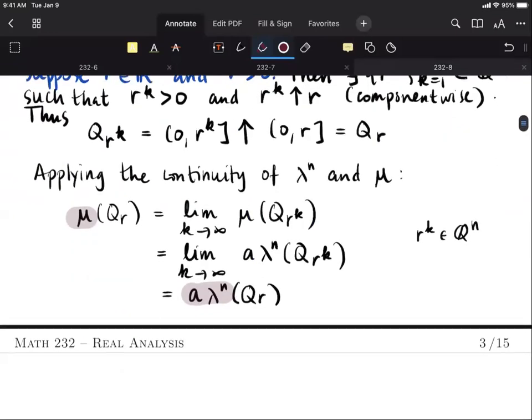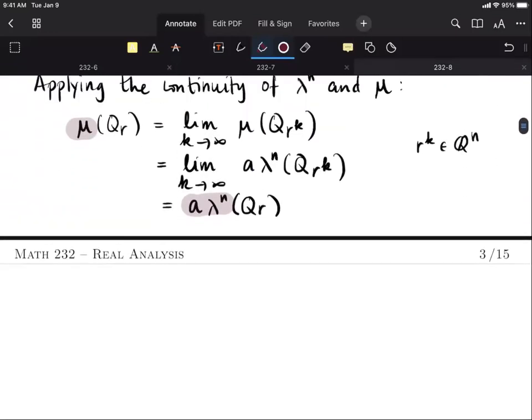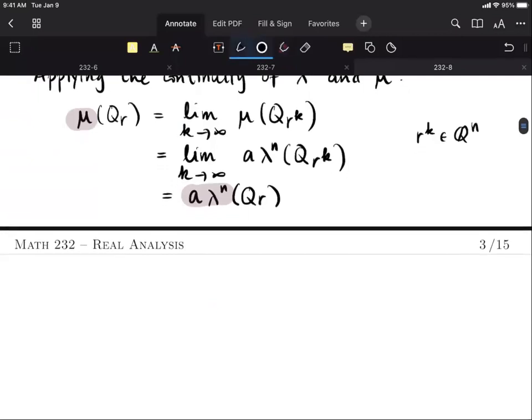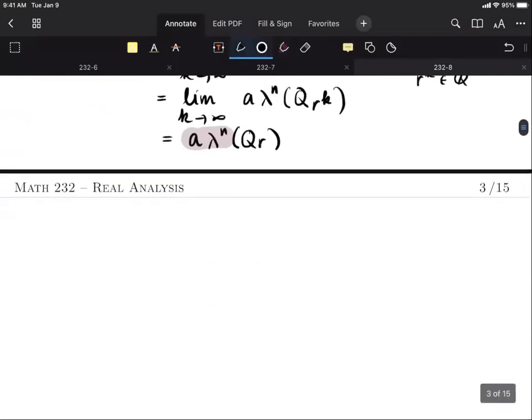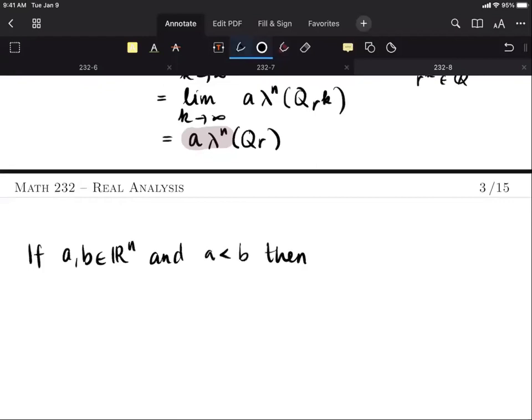Now, for the general case, in other words, for the case of a cell, one can apply translation invariance once more. So in other words, let's say I have two vectors in R^n, and a is less than b. Then mu of this cell (a, b] is equal to mu of (a, b] plus negative a.